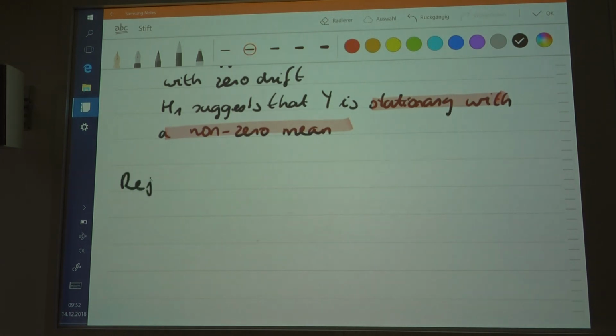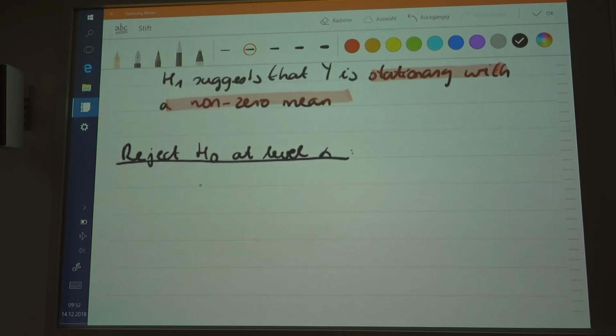We reject the null hypothesis at level alpha, at error probability alpha, if the test statistic is less than the alpha quantile of the Dickey-Fuller distribution.